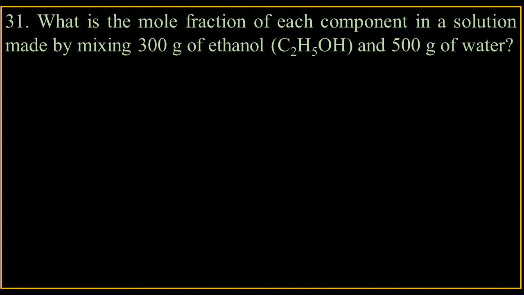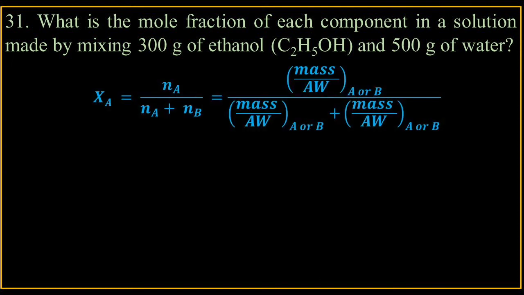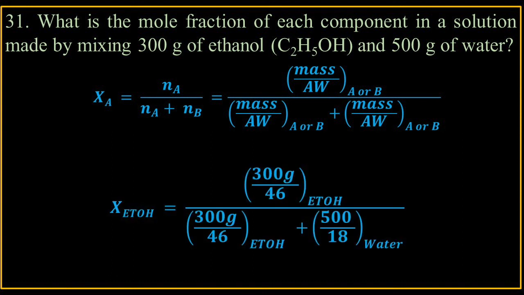What is the mole fraction, which we haven't done yet, of a compound in a solution made of mixing 300 grams of ethanol, which is the solute, and 500 grams of water? So the mole fraction is going to be X sub A, which is what we're looking for, of each component.